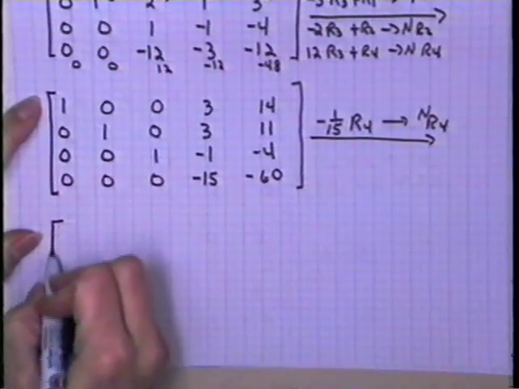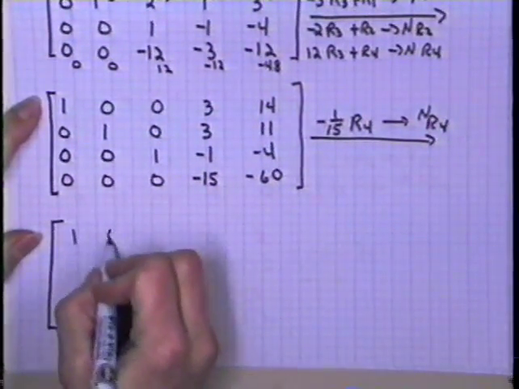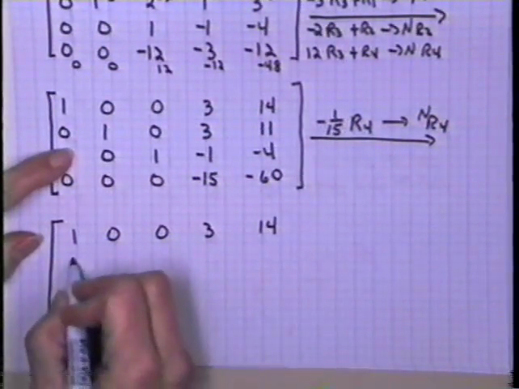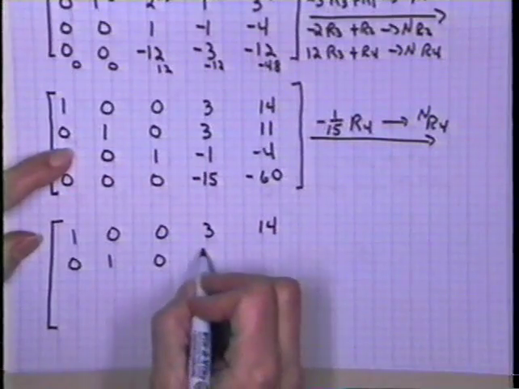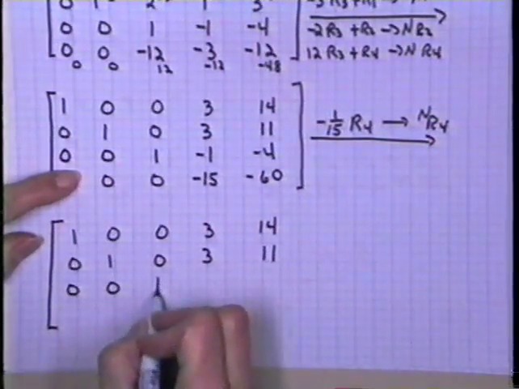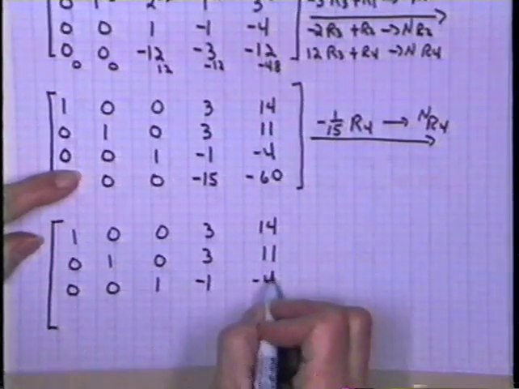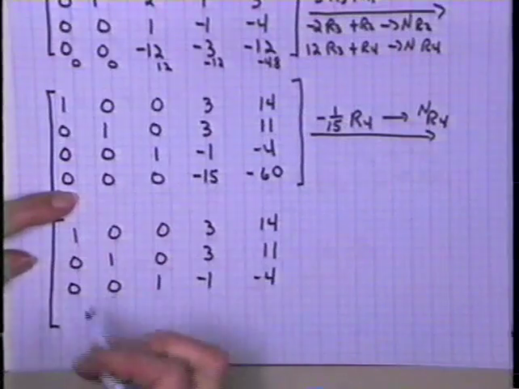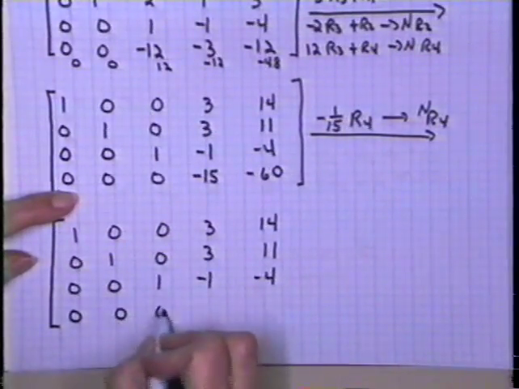Okay, so let's recopy this. First row, going to recopy. Second row, we're going to copy. Third row, we're going to copy. Now, we're going to multiply this last row by negative 1/15. Notice times these 3 zeros is still zeros there.